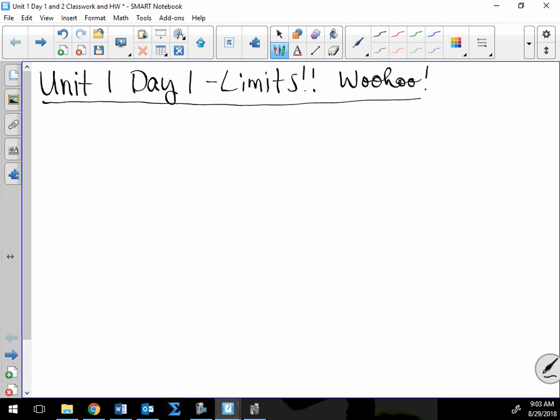What would be a case in which the limit would not exist? Oh, not approaching the same thing. Good. So what might that look like? Good. An infinite one, so if it's not approaching a single value, so if it's going up to the top, down to the bottom.